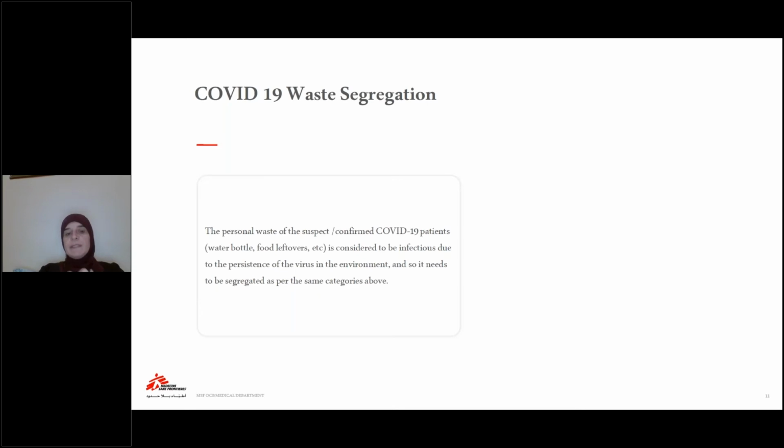And as we know the persistence of the virus in the environment on different surfaces, we should take care of this and consider all this waste as medical waste. So we need to make sure that all this type of medical or general waste issued in a COVID-19 treatment center is treated as infectious.